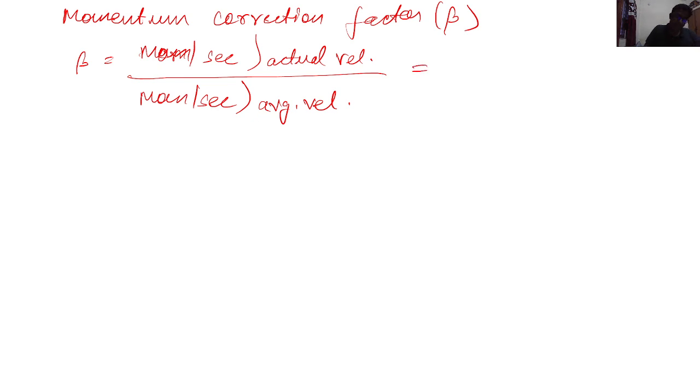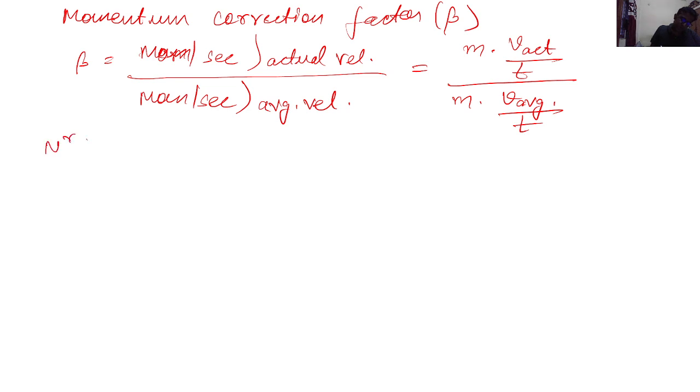So let us write the expressions for momentum. Momentum is nothing but mass times velocity. So this is m V actual by T over m V average by T.